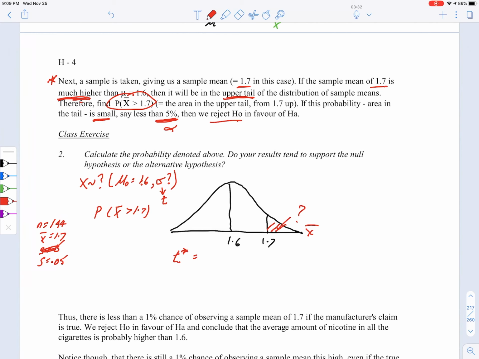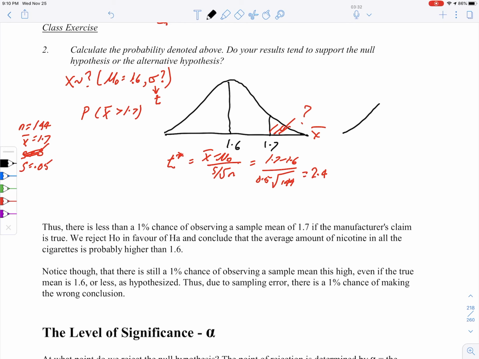We're going to standardize this. In the next one, we're going to go through the flow chart formally and show you the steps here. But remember, we didn't know what sigma was, so we're going to be using a t. So t star is equal to x bar minus the hypothesized mu, the mu naught value that appears in the null hypothesis, over S divided by the square root of n. 1.7 minus 1.6 gives 2.4.